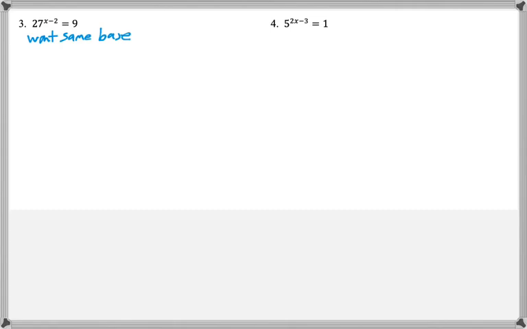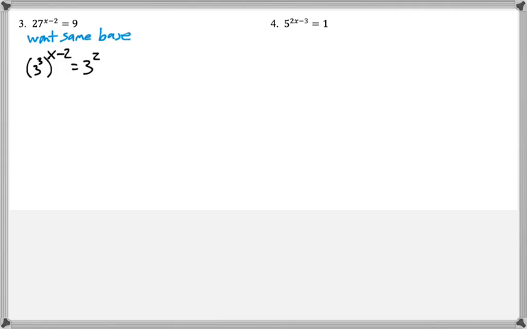So 27 is 3 raised to the third, and I'm putting that in parentheses. And 9 is 3 raised to the 2. So I'm not changing the value of 27 and 9. I'm just changing the way that it's being expressed.